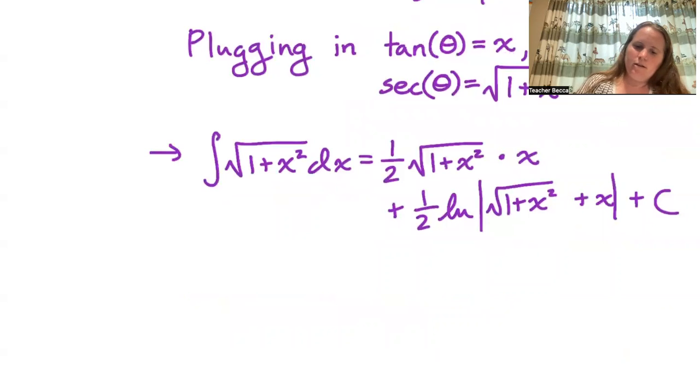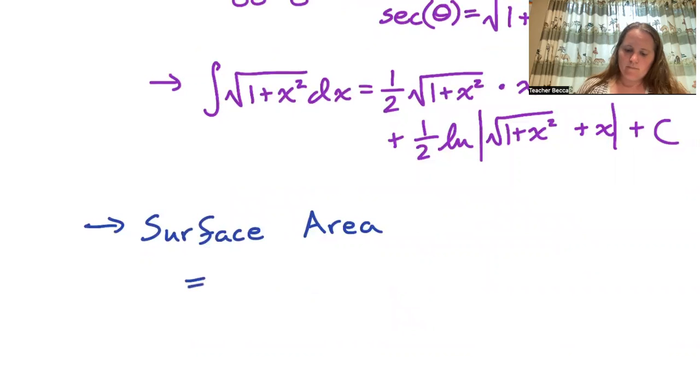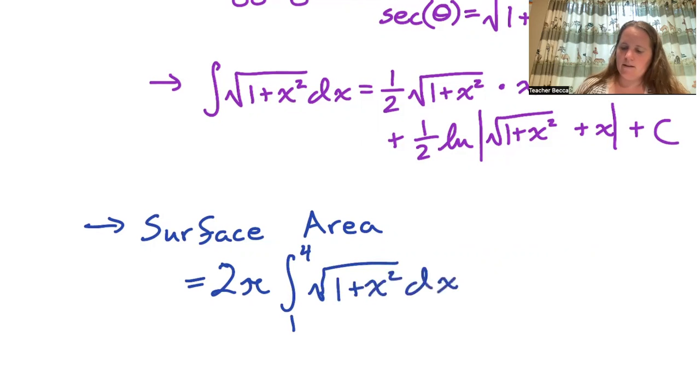So we have then that our surface area is equal to 2 times pi times the definite integral from 1 to 4 of the square root of 1 plus x squared dx.